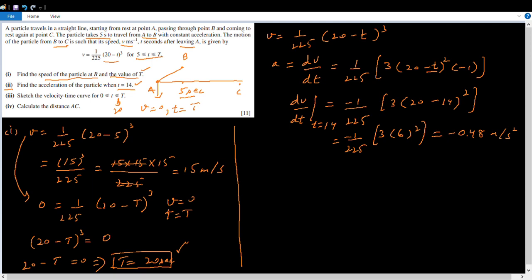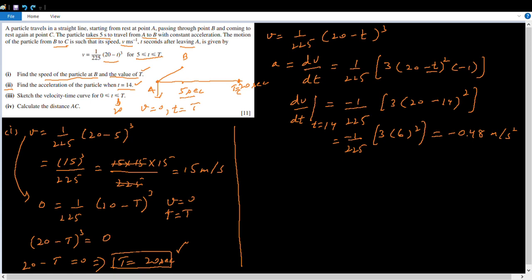From A to B the particle is traveling in a straight line, and from B to C, when the time is equal to 20 seconds, the particle is coming to rest, and the equation is cubic, so obviously it will be a curve. So you have to roughly sketch it like this, and it is coming to rest.